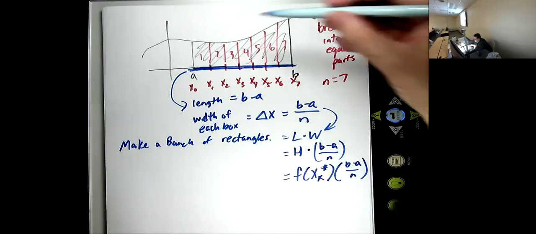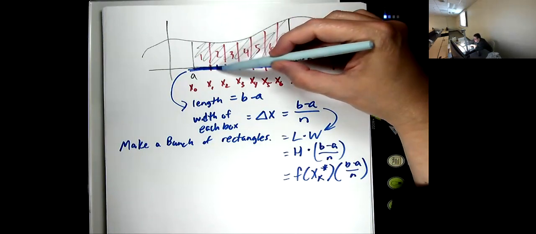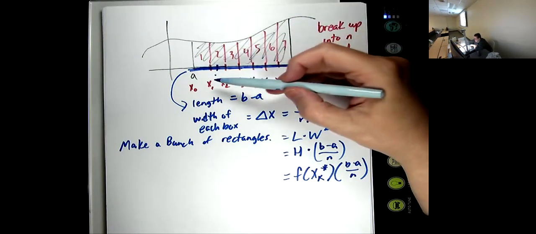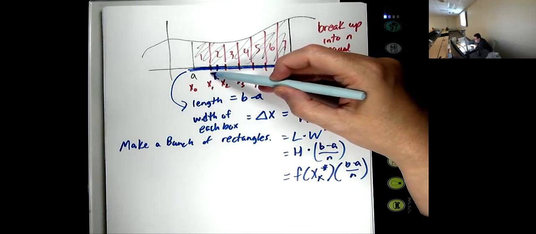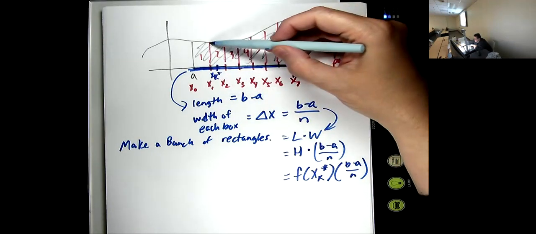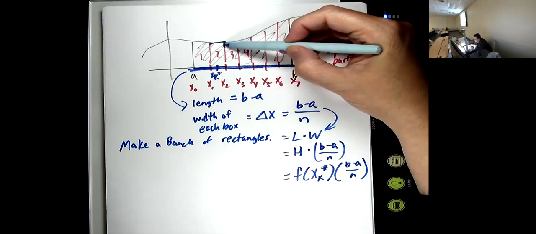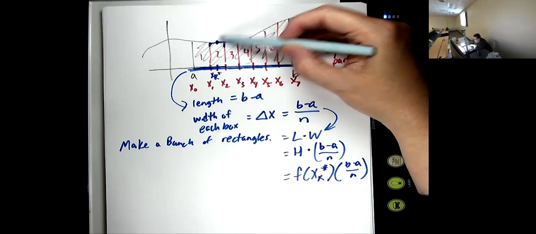For each interval, we're going to pick somewhere, we'll call it xk star, and find the function value there.